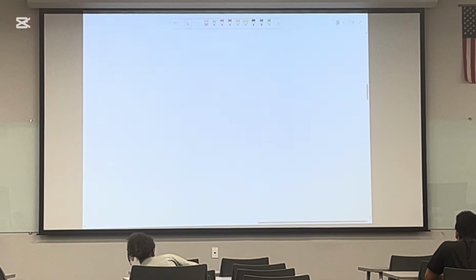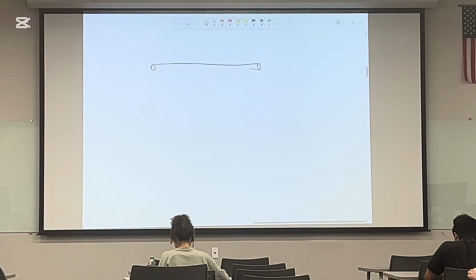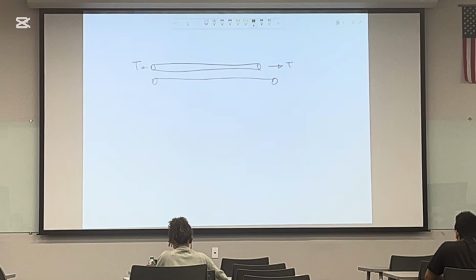So assuming we have a wire like this, it's again kind of like the same situation as the previous question. So we have a tension, but this time instead of strain, we are asked to find elongation. So the end is going to be something like this, and we are asked to find delta L, which is the elongation.